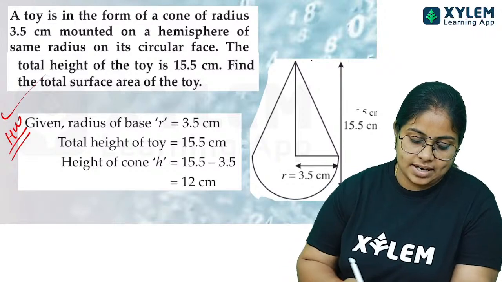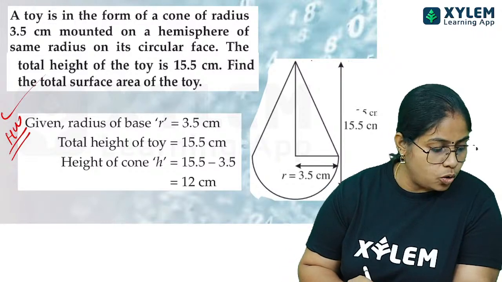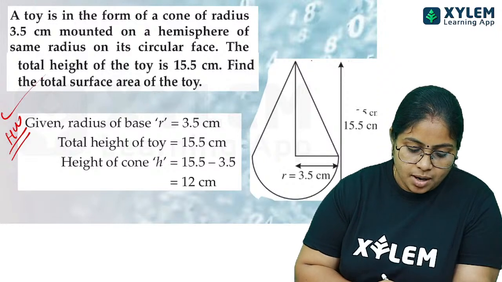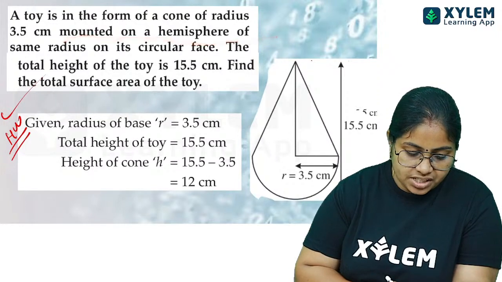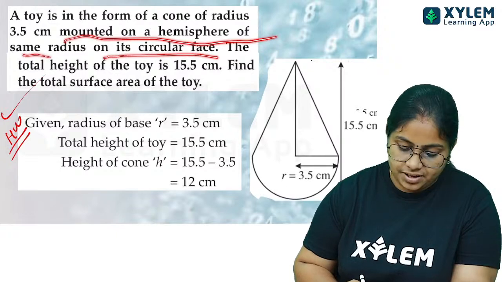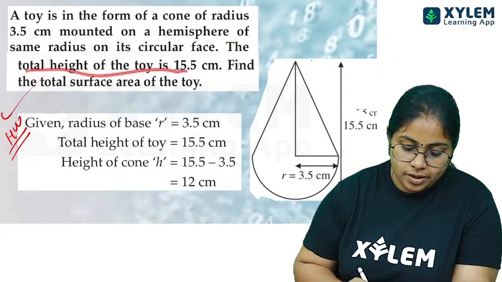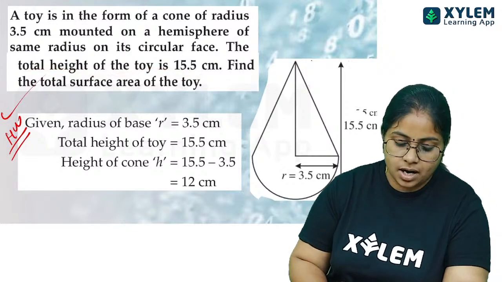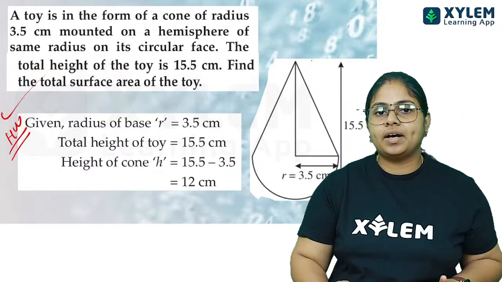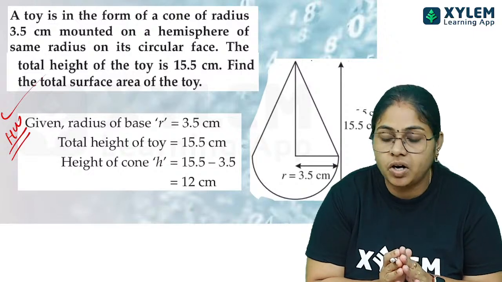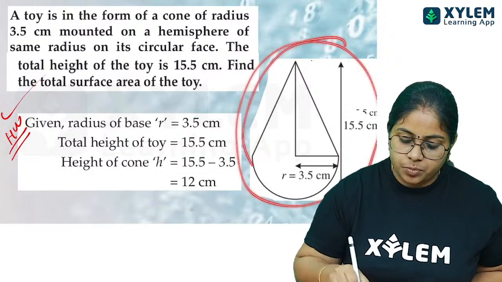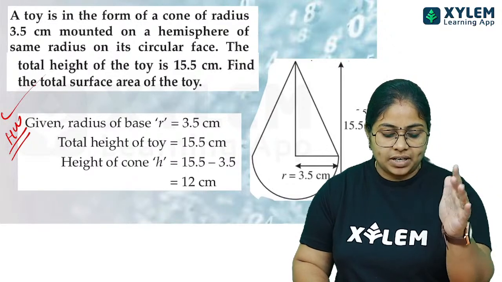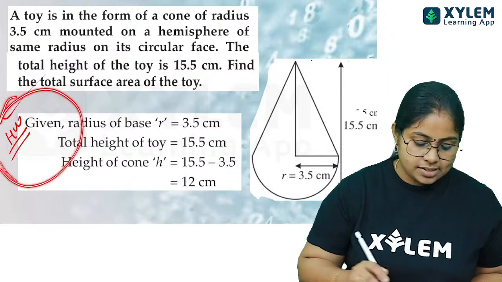A toy is in the form of a cone of radius 3.5 centimeter mounted on a hemisphere of the same radius on its circular face. The total height of the toy is 15.5 centimeter. Find the total surface area of the toy. This figure is the shape of that toy. It is already given. So children, you just do it as your homework.